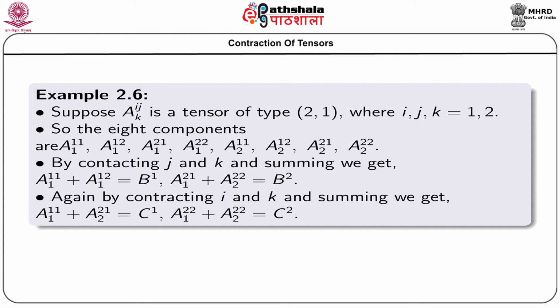Summing, we get A111 plus A212 equals C1, and A221 plus A222, which we denote by C2. So, from A i j k we can have different components. When we contract j and k, we get the components B1 and B2, and when we contract i and k, we get the components C1 and C2.